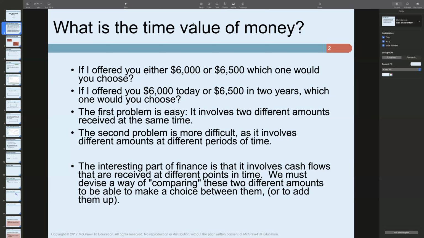Of course, everybody will say 6,500. But what if I offer you 6,000 today and 6,500 in 2 years? What will you choose? That's the question we should try to figure out.